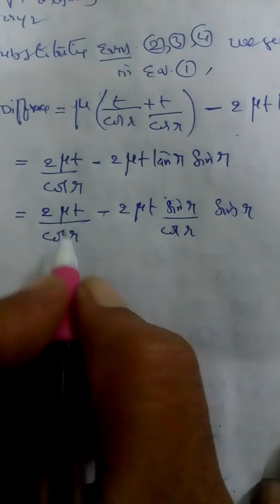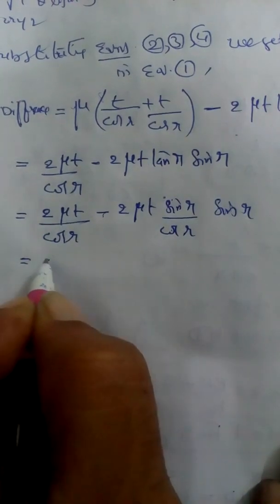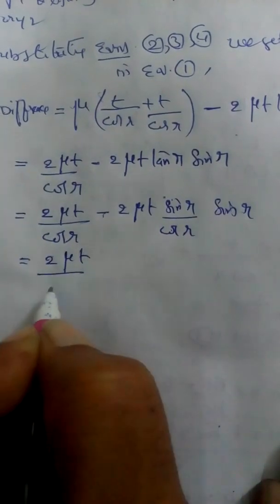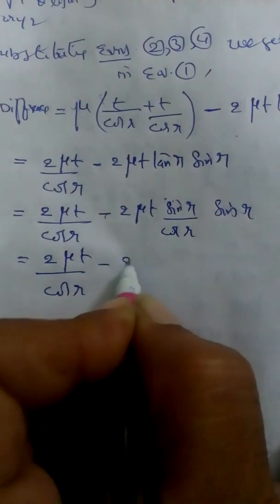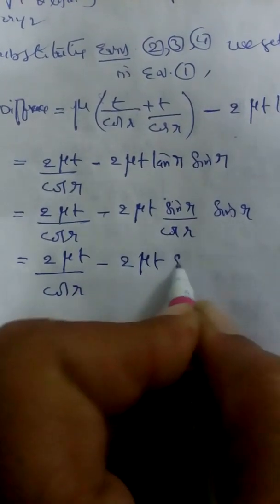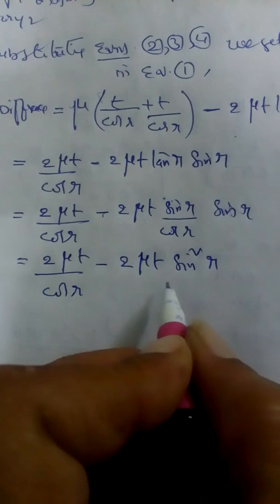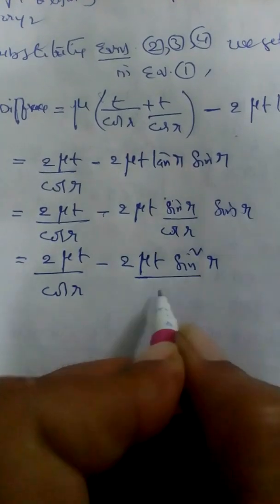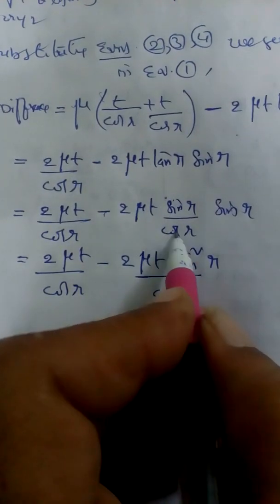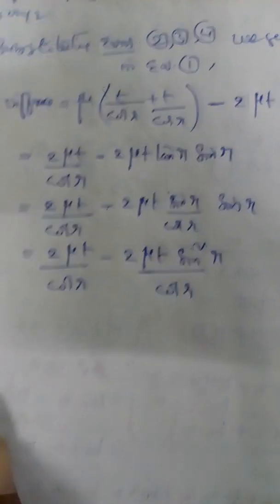This is equal to 2 mu t by cos r minus 2 mu t sin square r by cos r. Sin r into sin r equal to sin square r.